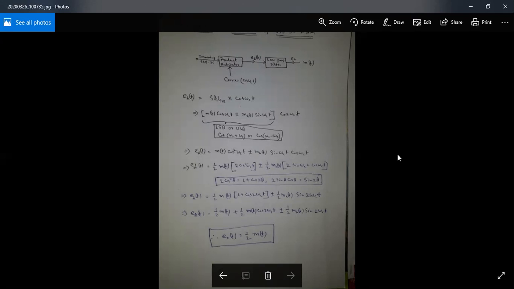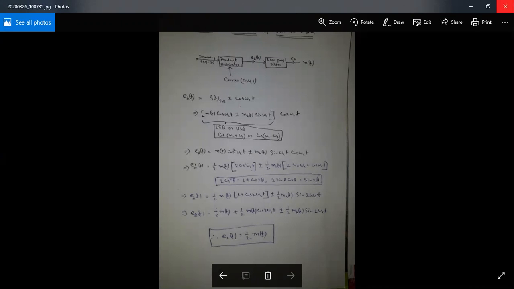That is the synchronous or coherent detection. But in case of non-coherent or asynchronous detection, there is no involvement of the carrier. We use different techniques like square law detection, envelope detection, or rectifier detection for demodulating the message or baseband signal.